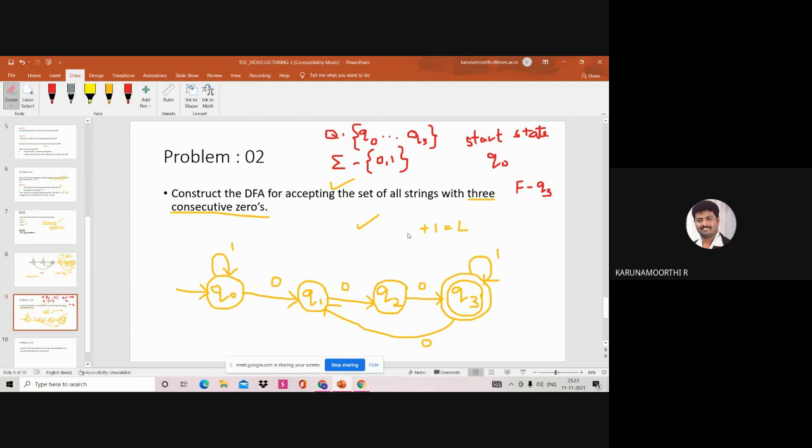See, transition of Q naught comma 0: from Q naught state, reading the input symbol 0, it will reach Q1.